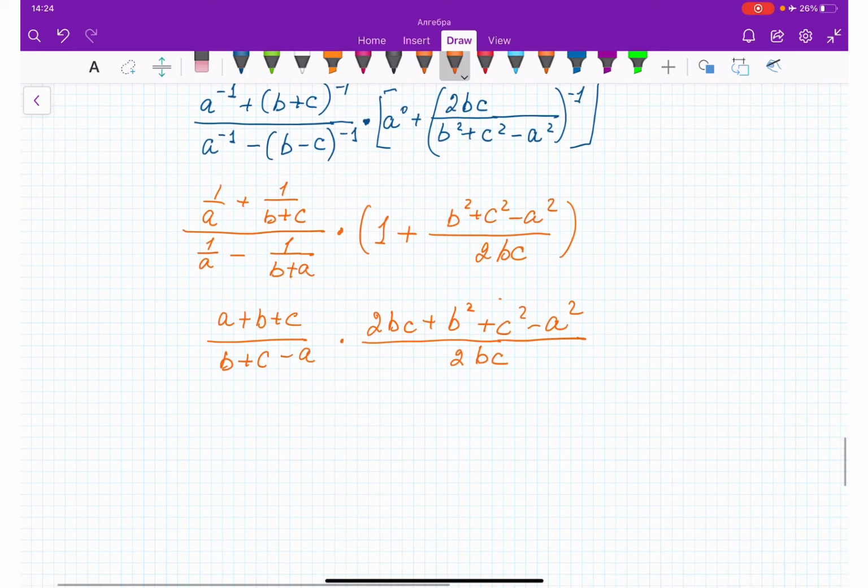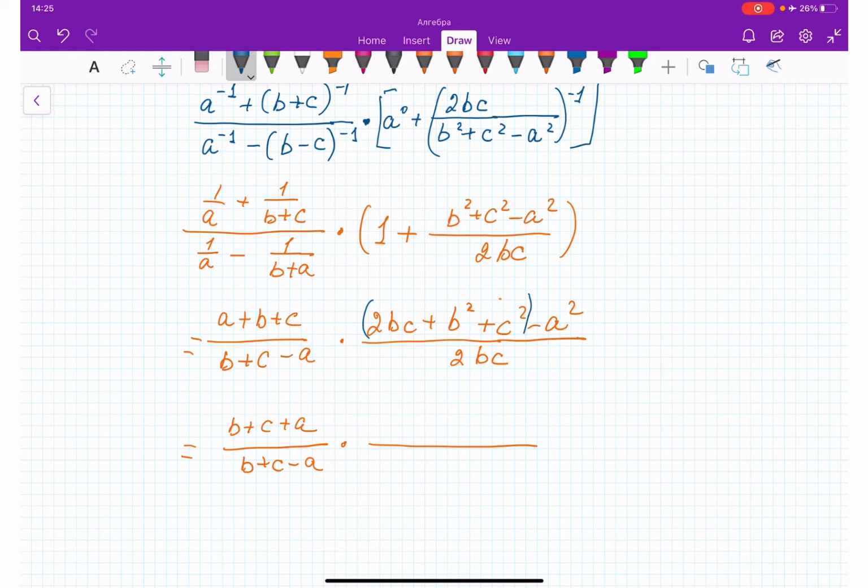Okay, and here we're going to get b plus c plus a, and b plus c minus a, times, look what's interesting here, we receive 2bc plus b squared plus c squared.